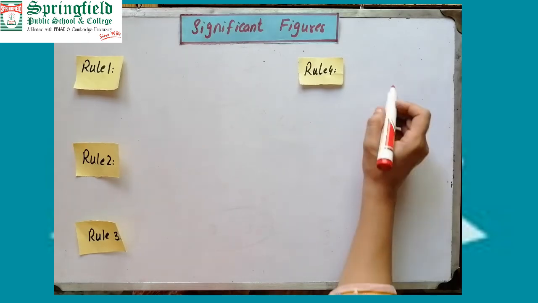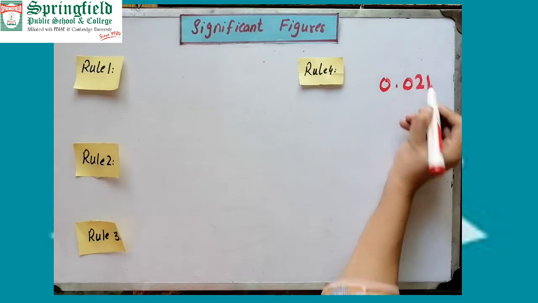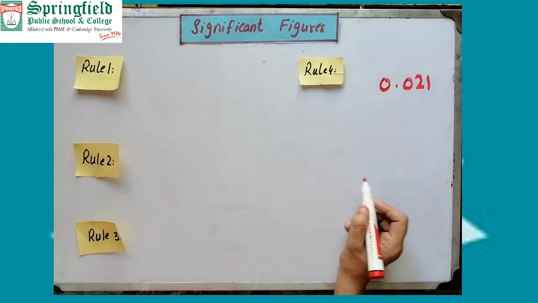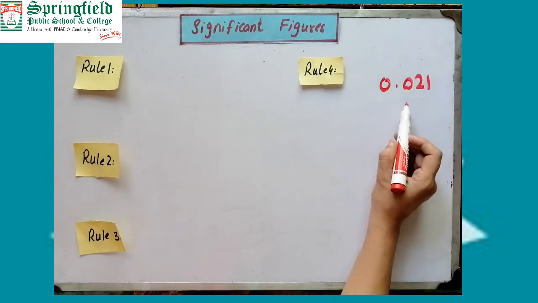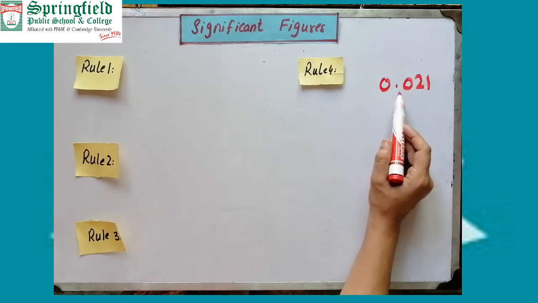Fine. Let a number be 0.021. So all the zeros before the non-zero digits are not significant.